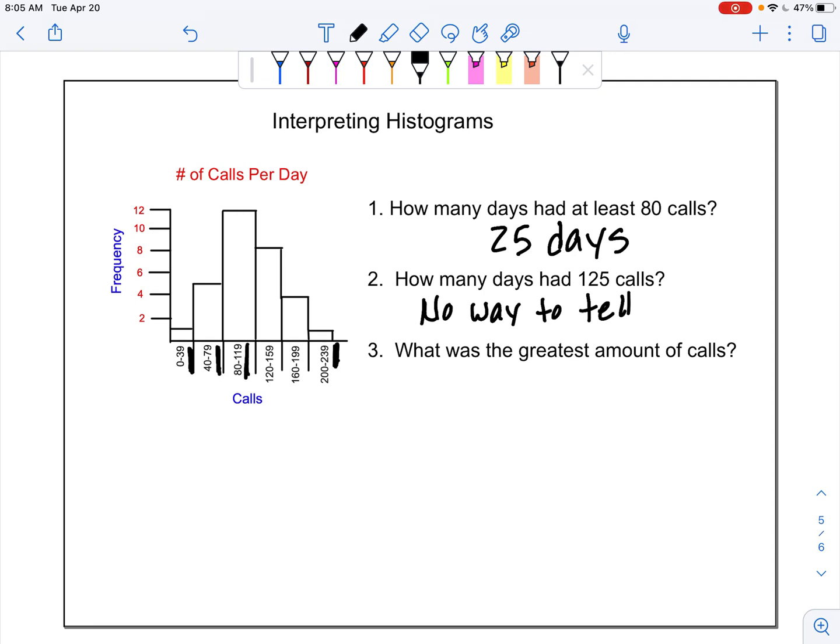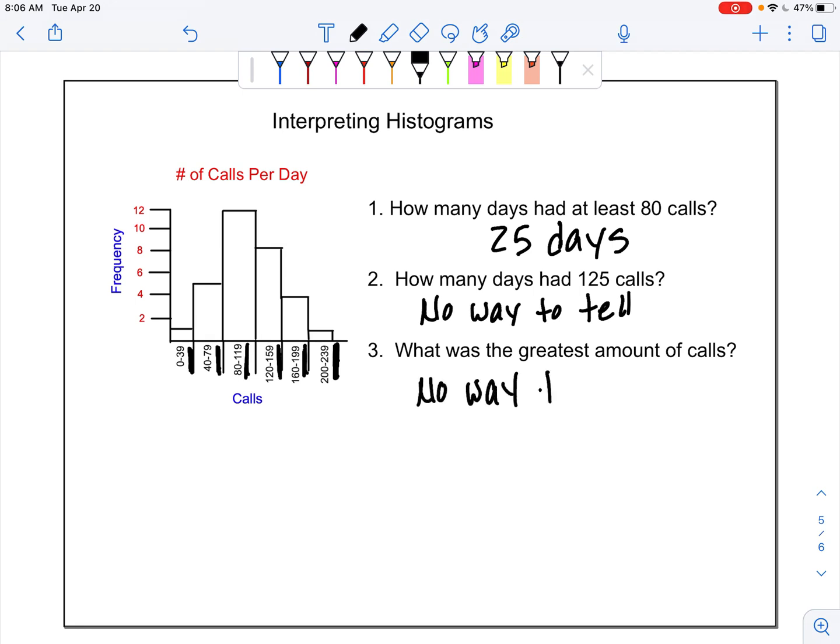So in order to keep my intervals equal to each other, I had to go up to 239 just because I needed to keep my intervals the same. So what was the greatest amount of calls? I can't tell because there's no detail within that last bar. So again, no way to tell.